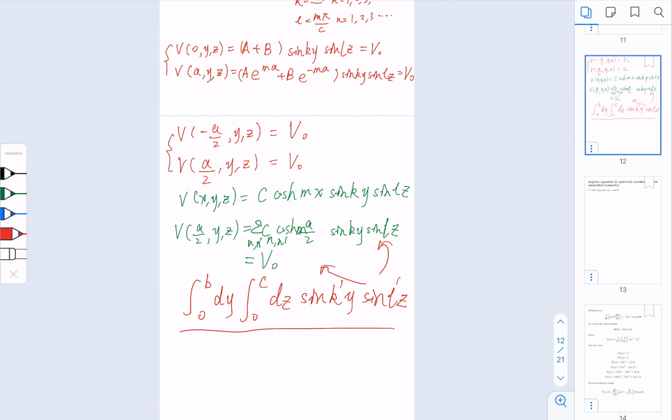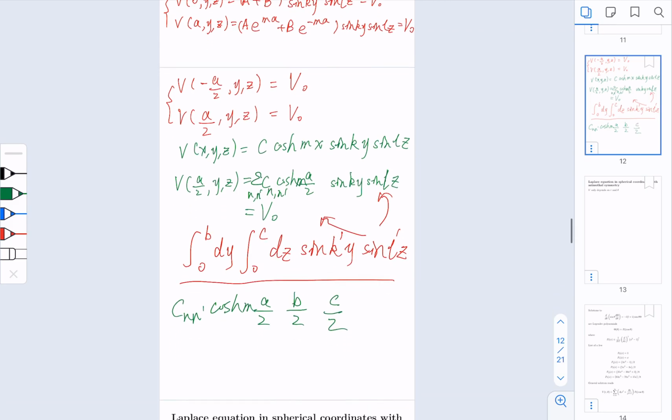So what's left is C n n prime times cosh of m a over 2, and only one term will be left for the sum over n, which I believe should give b over 2, and the sum over l prime will also give the coefficient c over 2.